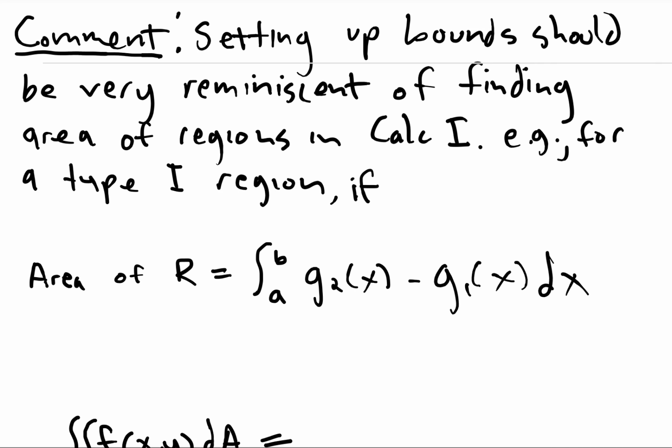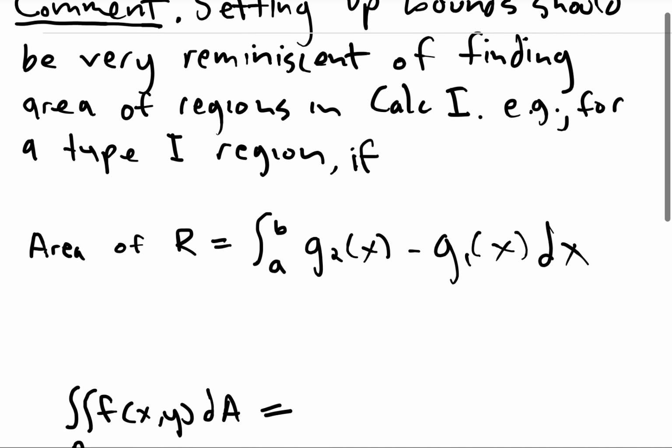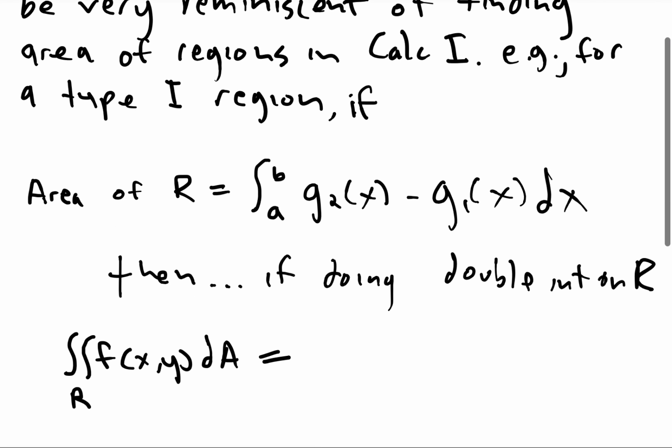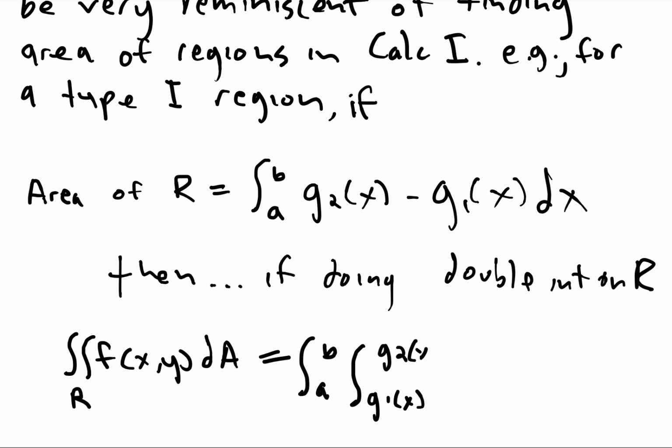If you've got a region that you could compute the area in this manner, then the consequence is, if you are doing a double integral specifically on this region, the way that you would want to set up the bounds is you still want the numerical bounds on the outside, and you want your smaller function on the bottom and your larger function up top.